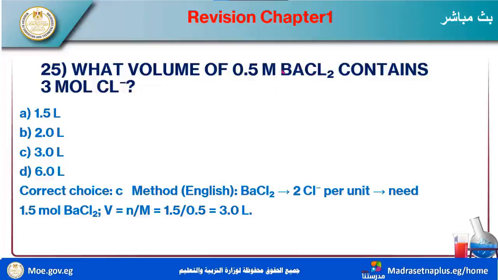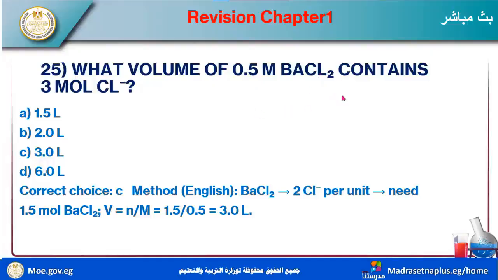Each unit of BaCl2 dissociates to give 2 moles of Cl⁻ ions. So 0.5 reduces to what? Reduce the 1 mole equal to 0.5.